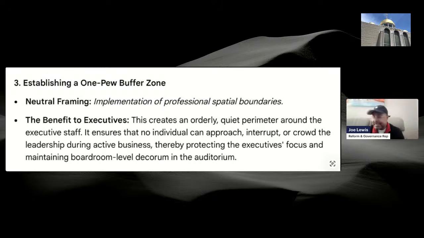When it comes to any type of officer of the organization, the ministers, the council, and the pastors, this creates an orderly, quiet perimeter around the executive staff. It ensures that no individual can approach, interrupt, or crowd the leadership during active business, thereby protecting the executive's focus on maintaining boardroom level decorum in the assembly.